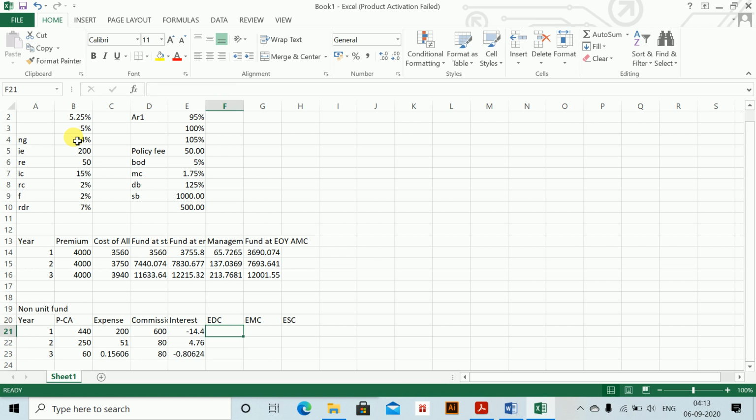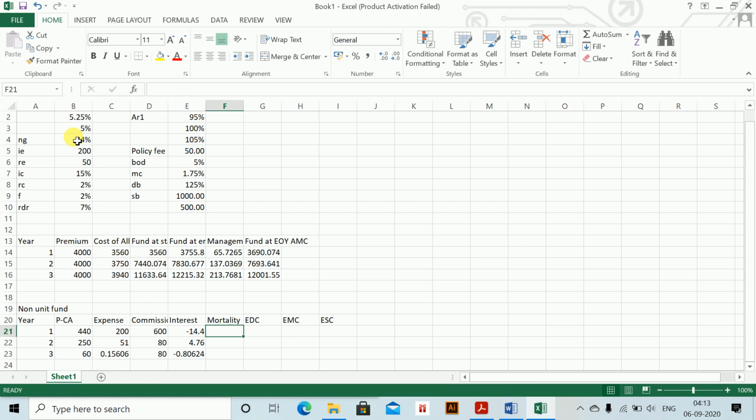Expected death cost is equal to, we have to calculate it by multiplying only 25% of the fund value of the units into the mortality probabilities. So if you see our values for Q underscore 57 mortality probabilities, this is for ages Q45, Q46 and Q47.